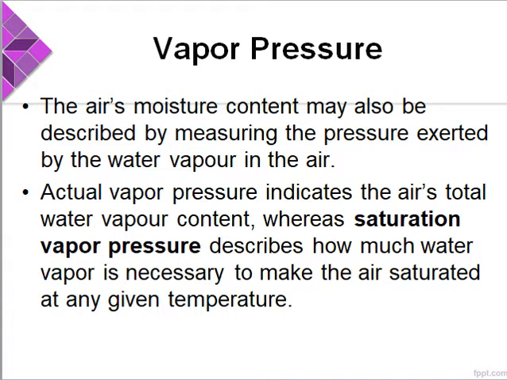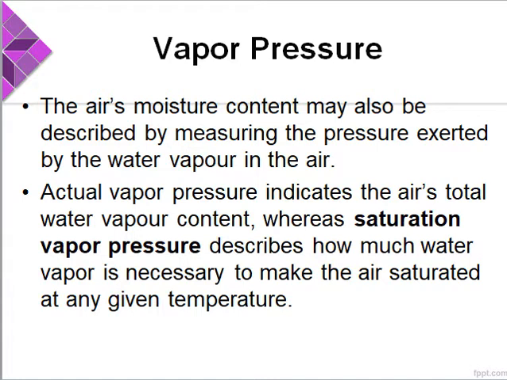Because of that, the actual vapor pressure is a fairly good measure of the total amount of water vapor in the air. High actual vapor pressure indicates large numbers of water vapor molecules, whereas low actual vapor pressure indicates a comparatively small number of vapor molecules.